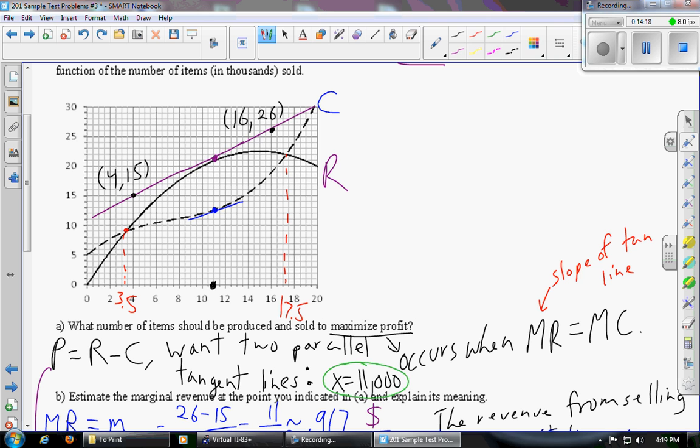So if, for example, you were to start here at x equals 0, we'll draw the cost tangent line in blue, and then in purple we'll draw the revenue tangent line. If you find the difference between those slopes, then you're finding the marginal profit. Say it again, the difference between those slopes is the marginal profit.